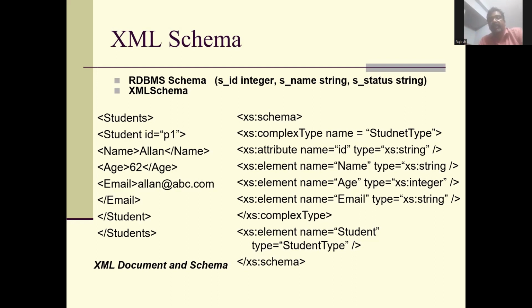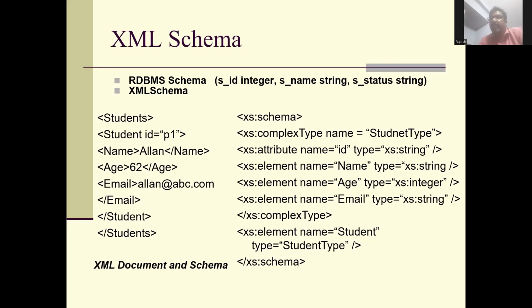Name is the XML document element name, and type says the element should contain only string type data. In this case, the student element has the ID attribute, which contains only string type values, here mentioned as P1.